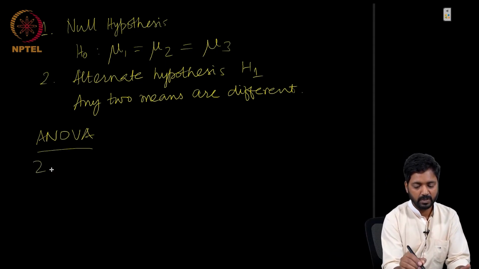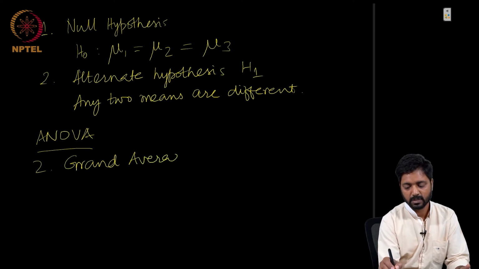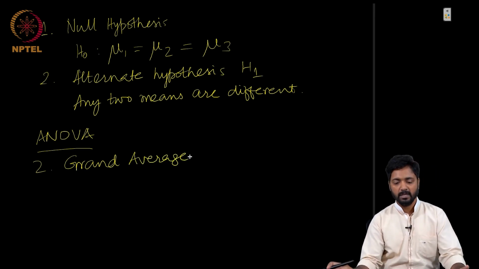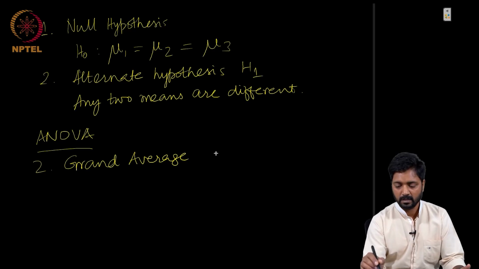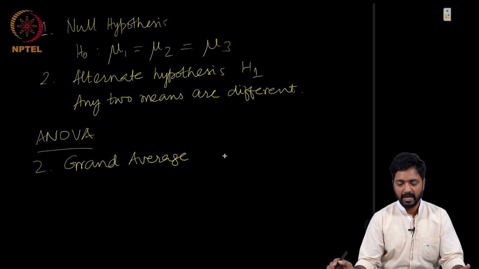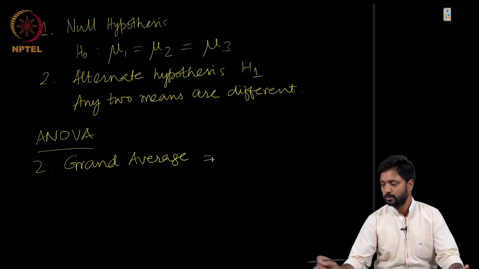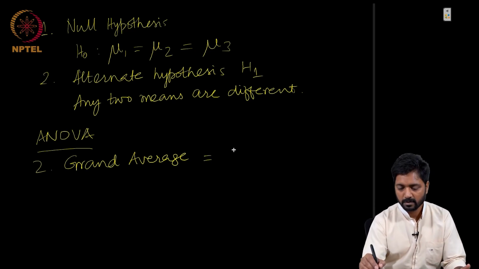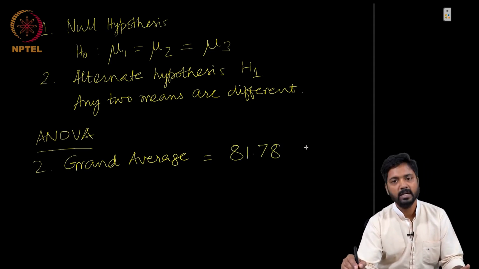Now in the step 2, we calculate the grand average for this data set, which will be nothing but the sum of all the readings divided by the total number of readings, and the grand average here turns out to be 81.78, and we denote it as X double bar.